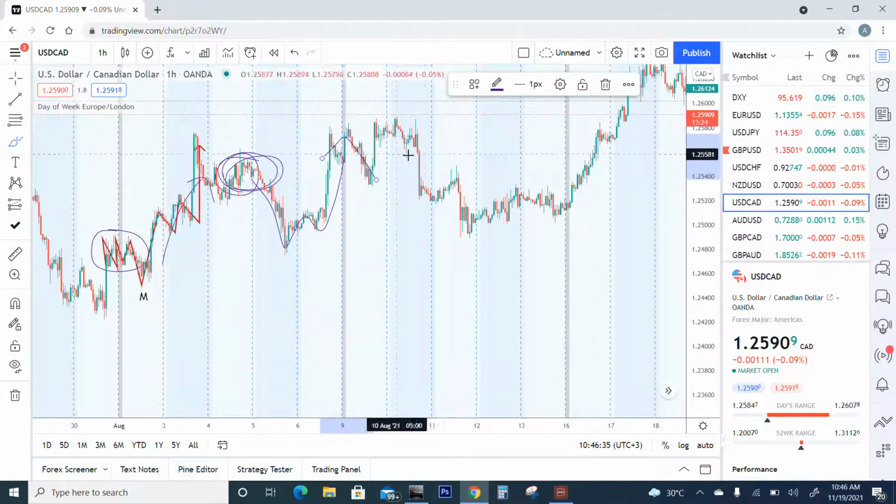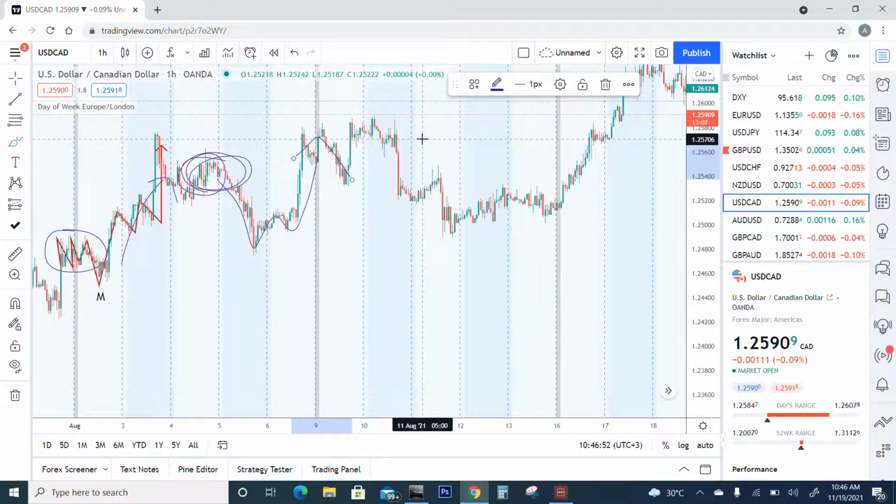Same here. The market did accumulation, then expanded downwards. Okay, I don't see manipulation here. Maybe because the accumulation itself is a manipulation. These things you'll come to know as you practice again and again.